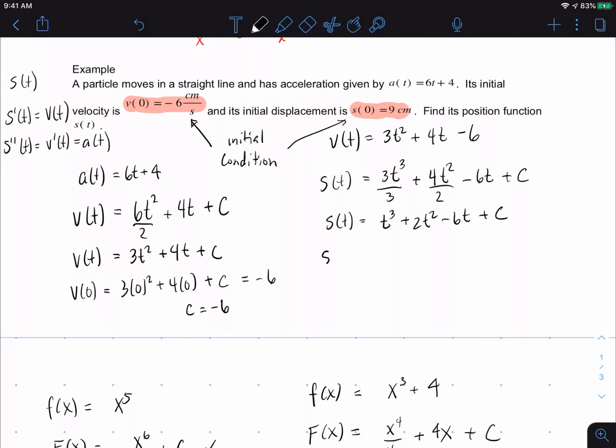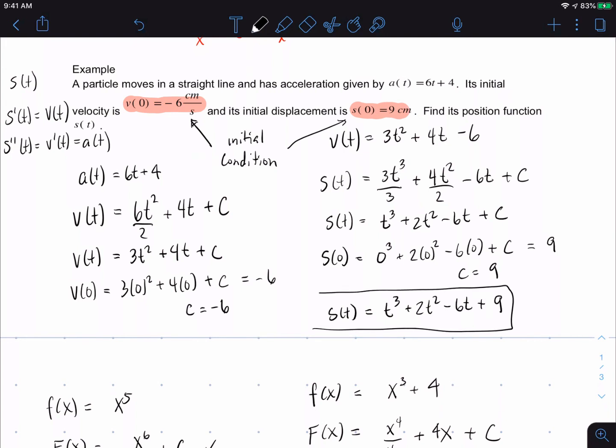Okay, so s of 0 is 0 to the third plus 2 times 0 to the second minus 6 times 0 plus c, and that should equal 9. So c is equal to 9, and s of t is equal to t cubed plus 2t squared minus 6t plus 9. And this is the position function for our problem. Do you guys have any questions on this at all?